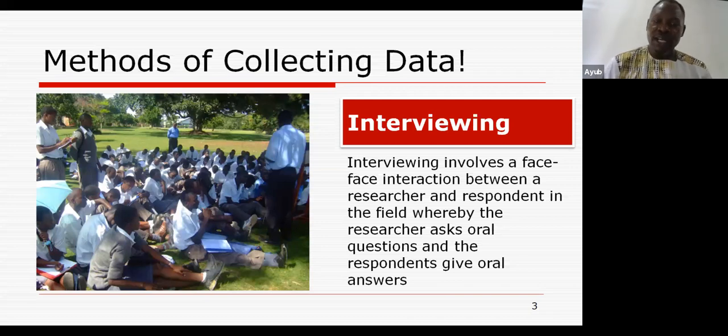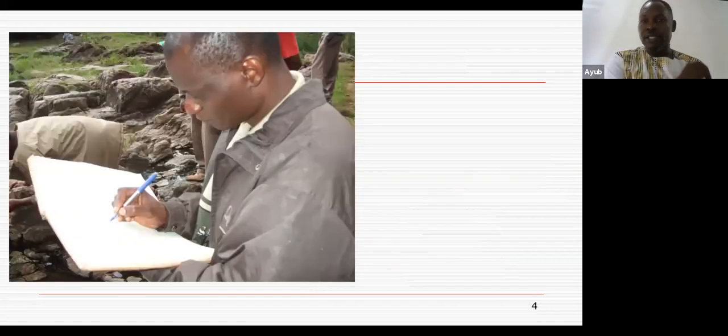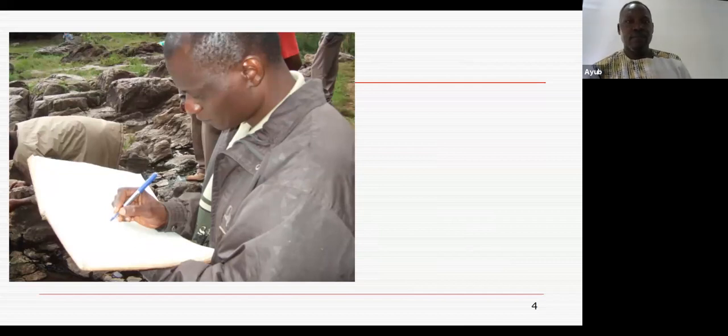Amal has also told us that they are writing down the points. So I'm going to the next one. I think this one is self-explanatory. The other method, interviewing, is asking questions and getting answers.